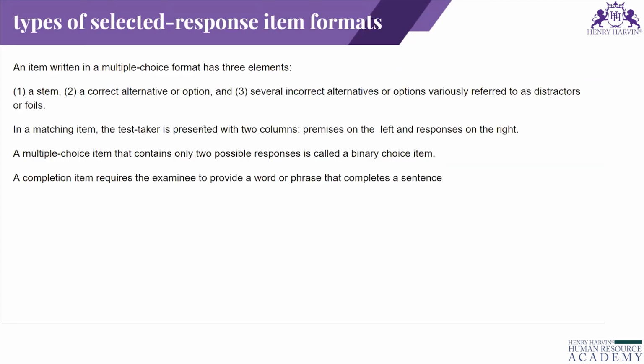An item written in a multiple choice format has 3 elements. So usually there can be multiple choices: a stem, a correct alternative or option, and several incorrect alternatives or options, variously referred to as distractors or foils.